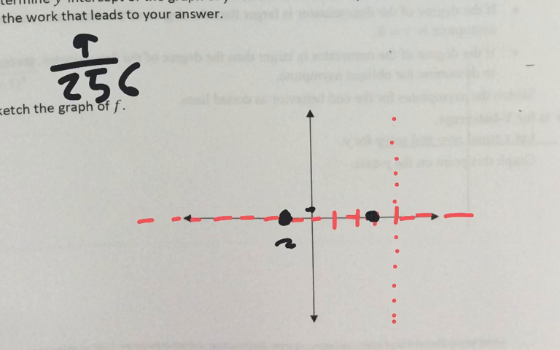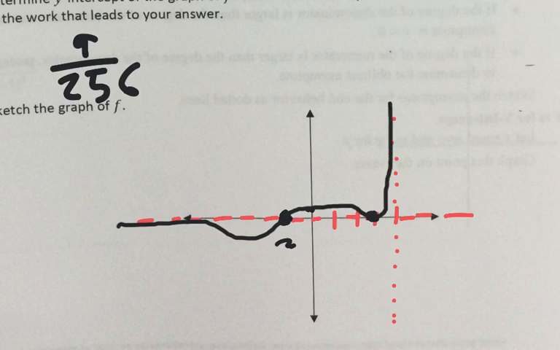And I know it tends towards the horizontal asymptote, so it's going to be beneath the horizontal asymptote. It could do some funny business here, and then it's going to have to cross right here. Then it goes here. Then it bounces at the next x-intercept. Bounce. And now it can't cross this vertical asymptote, so it has to go up here.